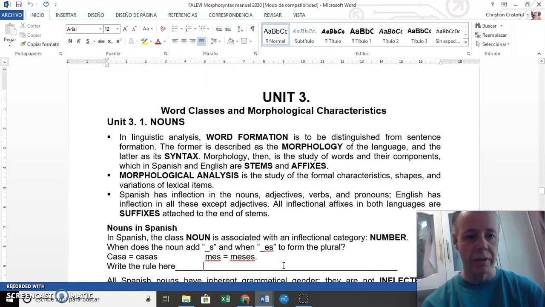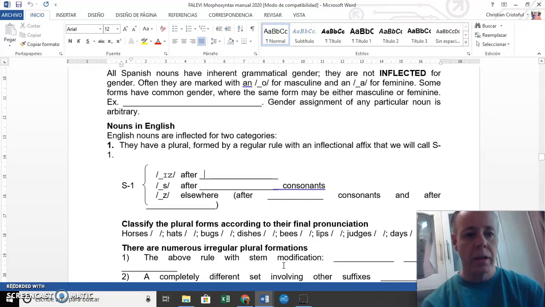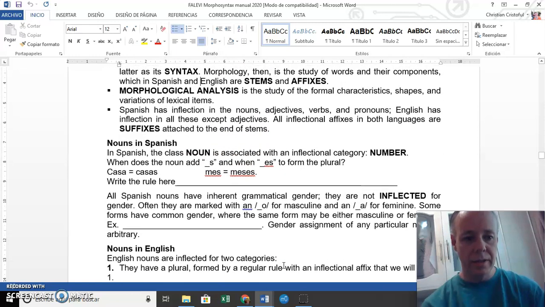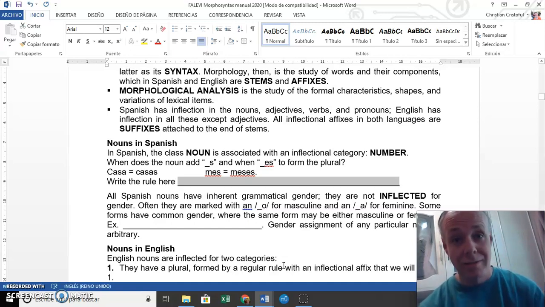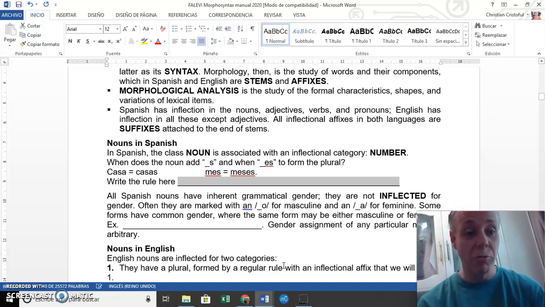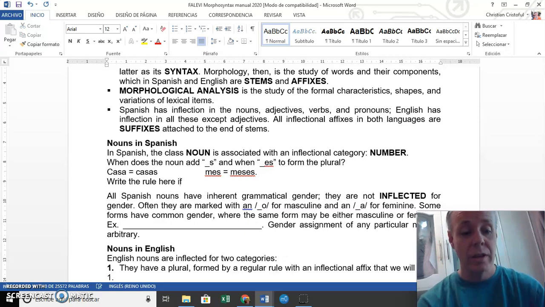Okay, here. It says, what is the rule? Write the rule here. What is the rule? Do you know? Can you tell me? No, you can't. Okay, the rule here is that if the word finishes in a vowel, the plural form is s.